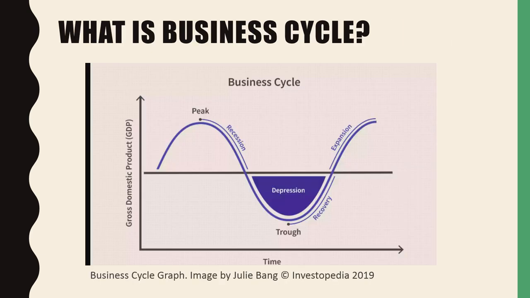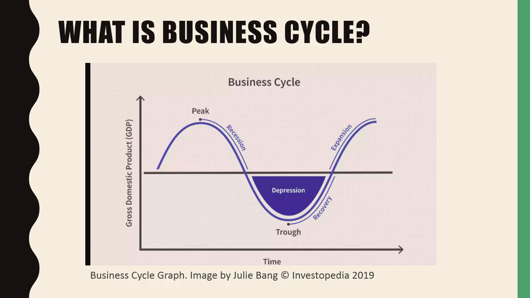So next we talk about what a business cycle is. So from the diagram you can see there are a few phases of the business cycle, from peak to recession to trough to recovery and to expansion. And in economics, some economists believe that the economy is moving like a circle.